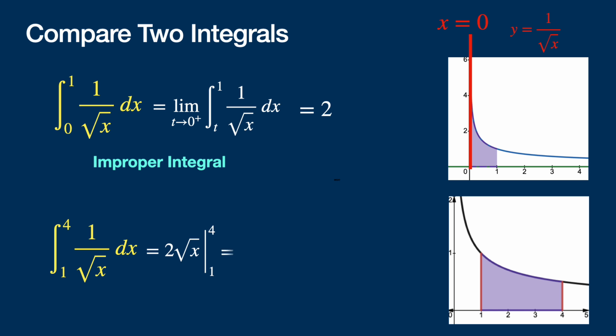That's 2 square root 4, that's 4. 2 square root 1, that's 2. So 4 minus 2 is 2. I think you clearly understand when you're using an improper integral. For an improper integral, you see the vertical asymptote at the boundary, x equals 0. That's when you're going to define the improper integral.